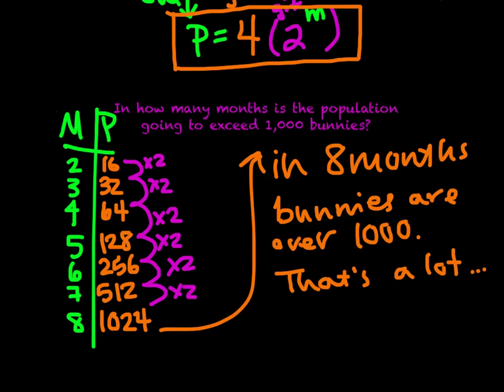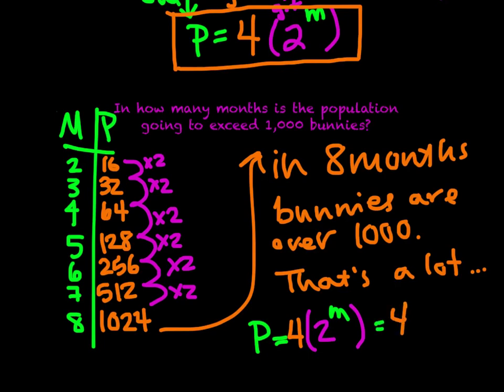Another way that we can check our work is we can put this into our equation. We have P is equal to 4 times 2 raised to the m power, and instead of writing m this time, we're going to put in an 8 in there.